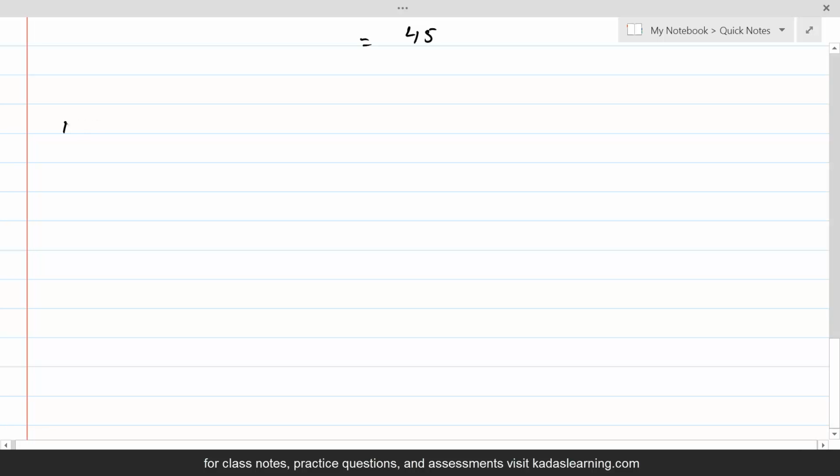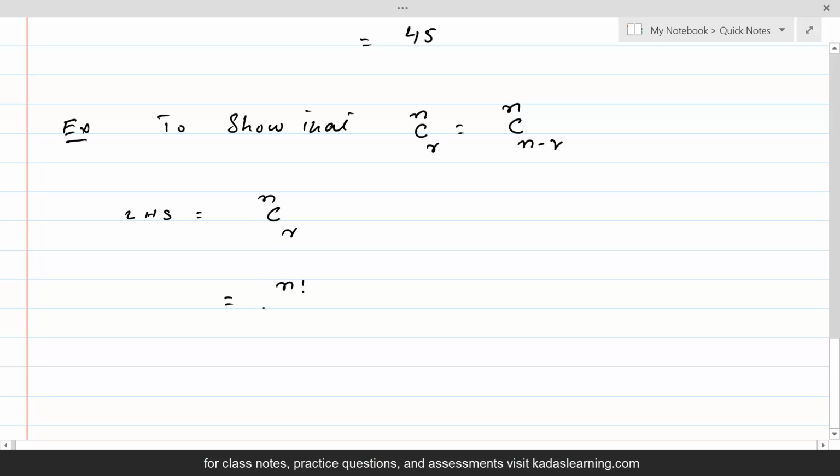So to show that NCR is equal to NC N minus R, let's expand the left hand side. Left hand side is equal to NCR, which if we expand will become N factorial divided by N minus R factorial times R factorial.